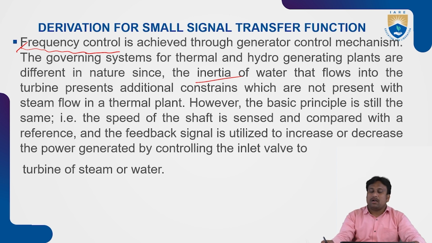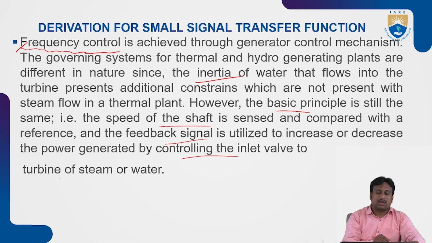These are not present with the steam flow in a thermal power plant, but the basic principle is still the same. The speed of the shaft is sensed and compared with the reference, and the feedback signal is utilized to increase or decrease the power generated by controlling the inlet valve to the turbine for steam or water. Likewise, frequency control is achieved.